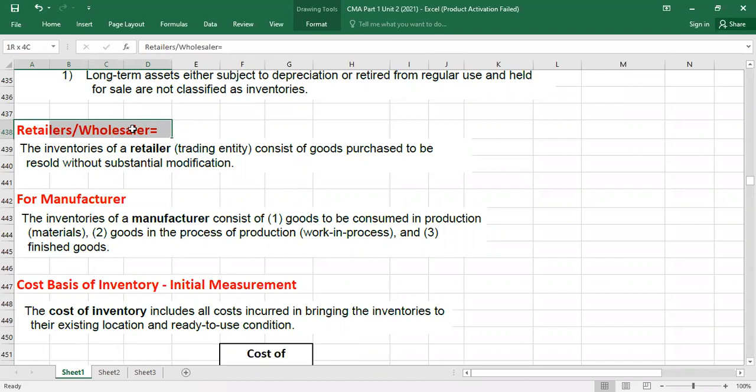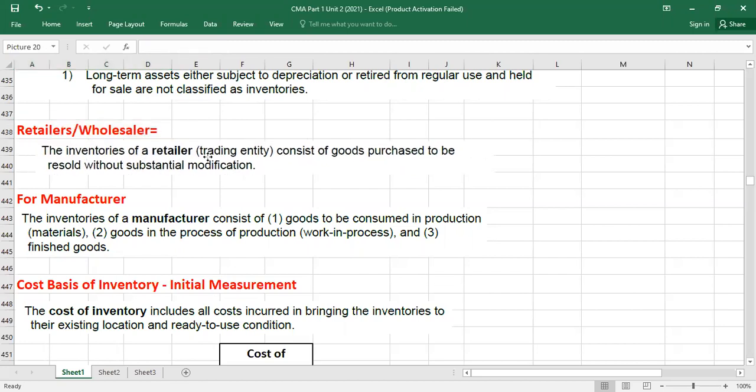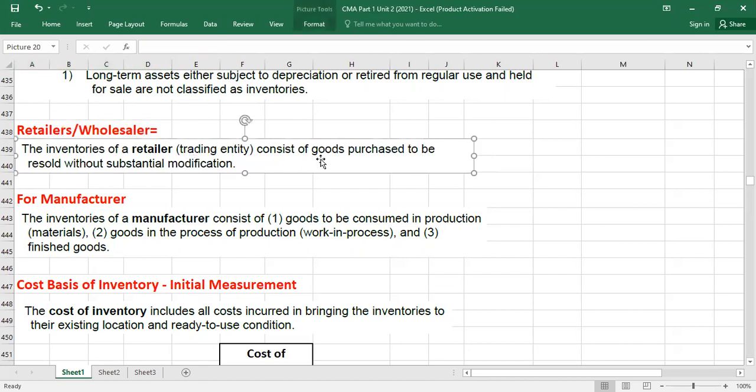So those businesses are called retailers, and usually retailers are trading entities. They have inventory only in the shape of finished goods because they don't modify the product. So this is a really important point. If you look at what is written here, the inventories of the retailer, a trading entity, consist of goods purchased to be resold without substantial modification.